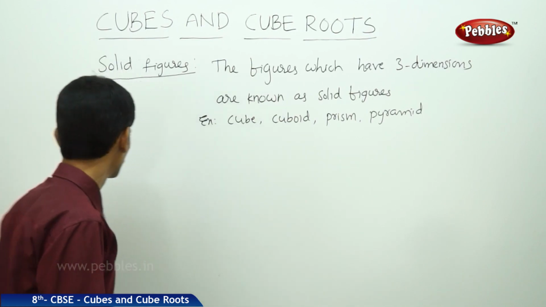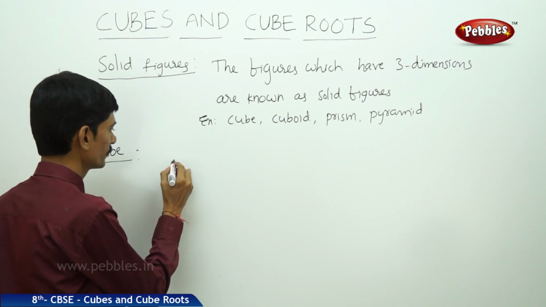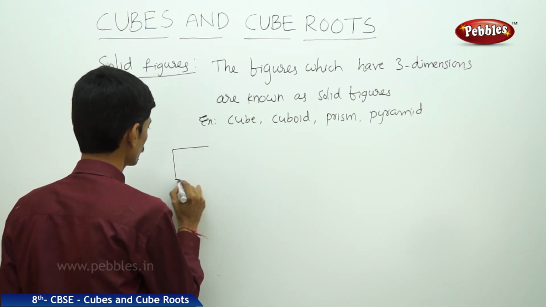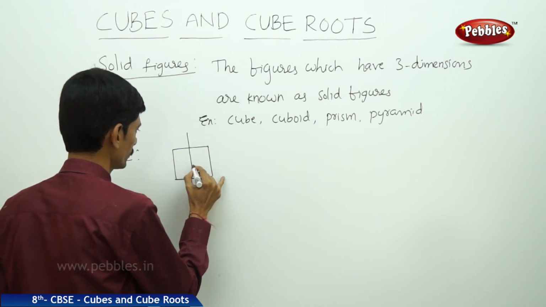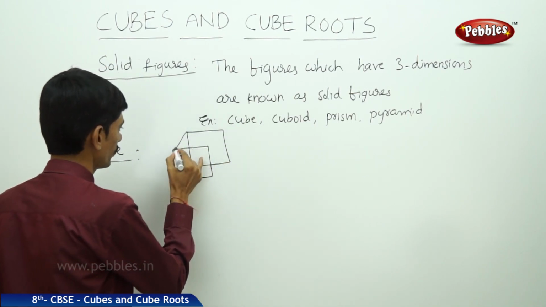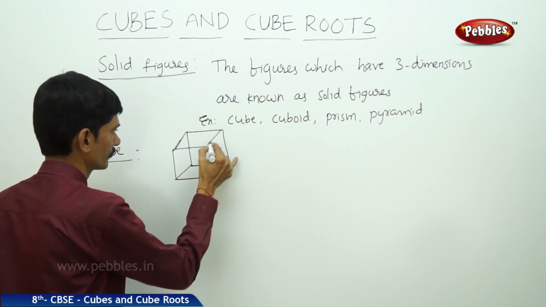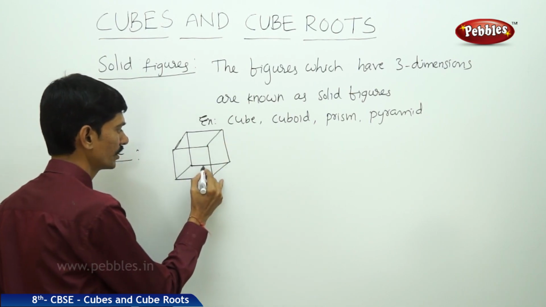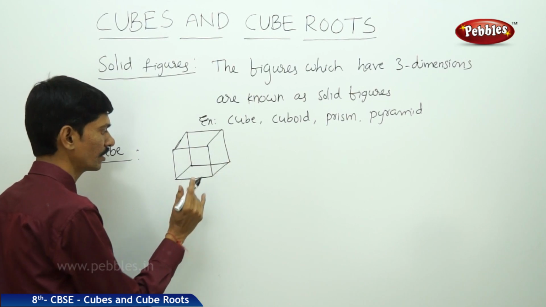Now what is a cube? A solid figure in which all the sides are equal is called a cube. Here all the sides are equal. If one side is 1 centimeter, then all its sides are equal.